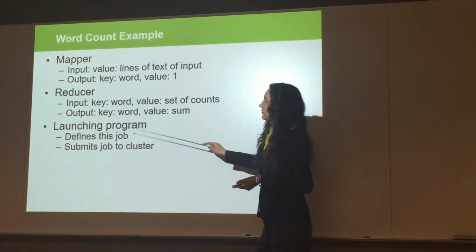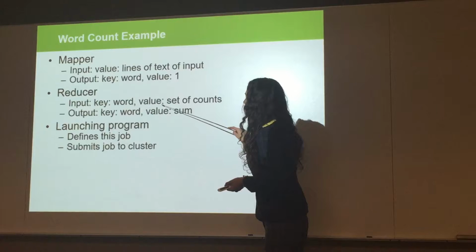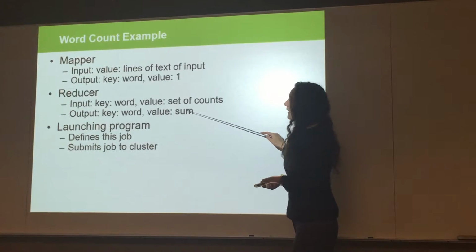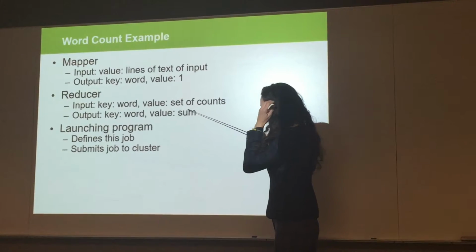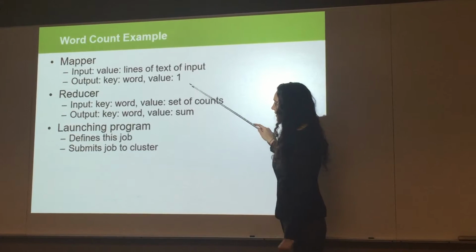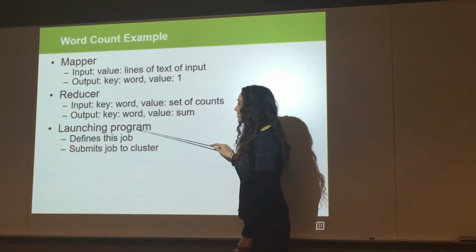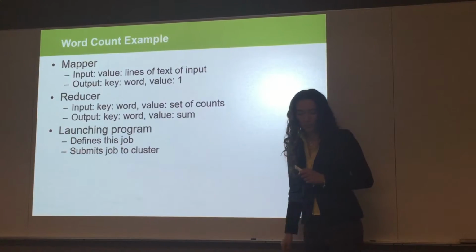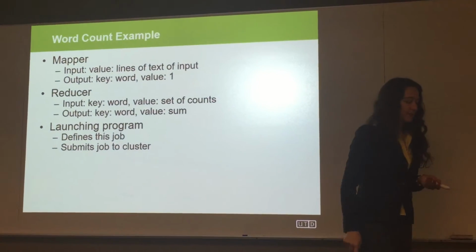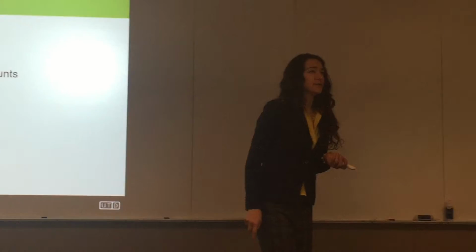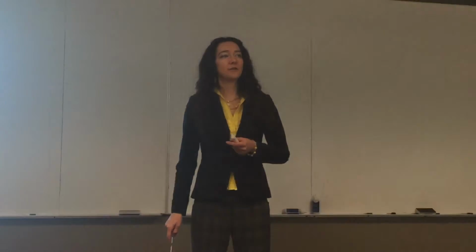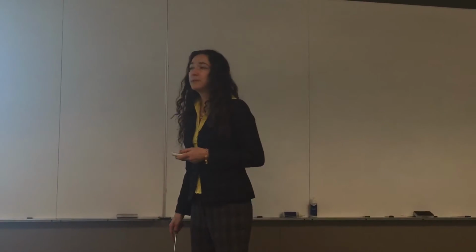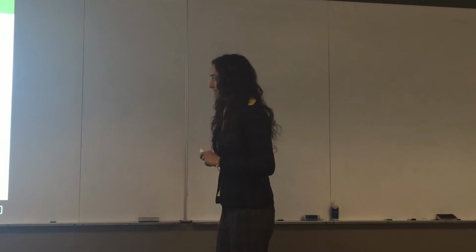The reducer will take the word as a key, and then it can count the number of times that word occurs, so it's going to sum up the counts. So we have this program written. If we want to run it, then we have to create a job and submit this job to the cluster.